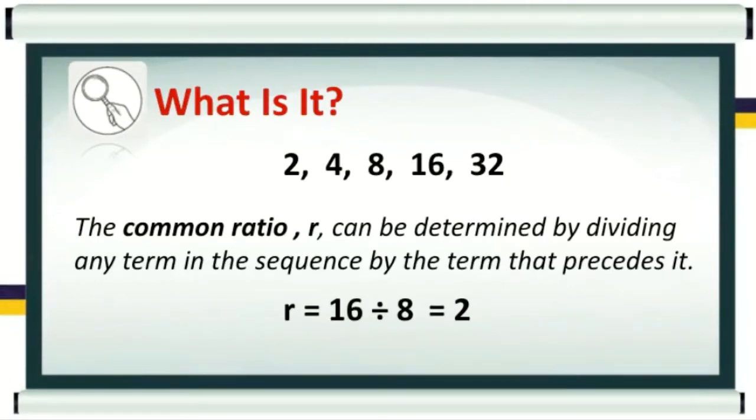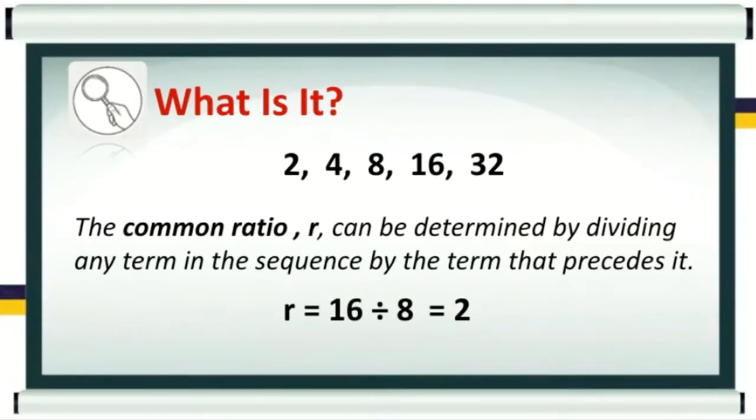And with this 2, if we are going to identify the next term after 32, we just multiply 32 with our common ratio. So what is our next term? It will be 64. Very good.